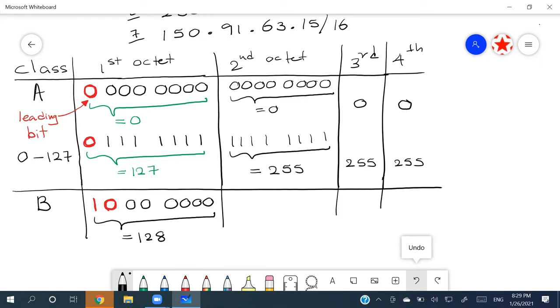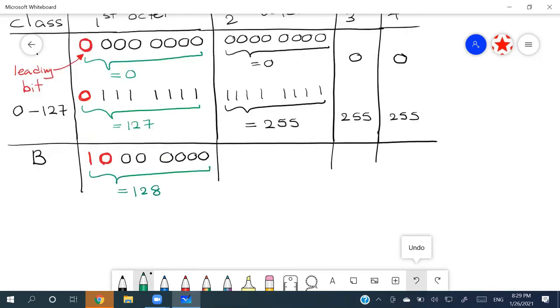As the most value, the 1 and 0 will be there, and 6 ones as well. So 1, 0 is not going to change and the others are going to be ones. That gives you 191 as the most value in class B.